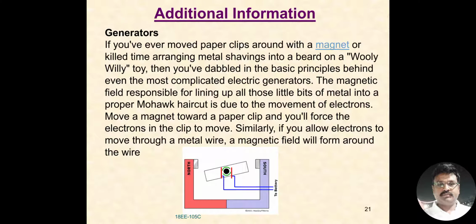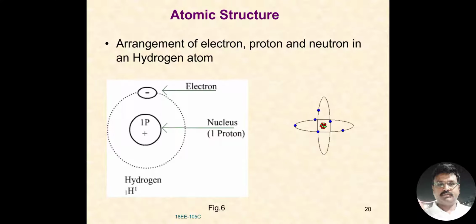The mass of a proton is 1.66 × 10^-27 kg, and the mass of an electron is 9.1 × 10^-31 kg.